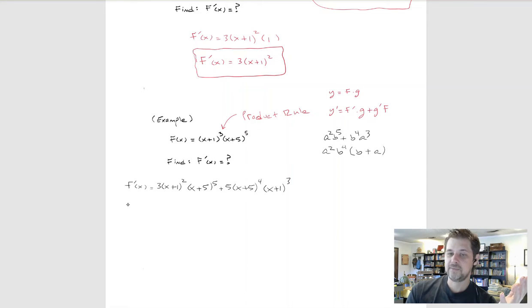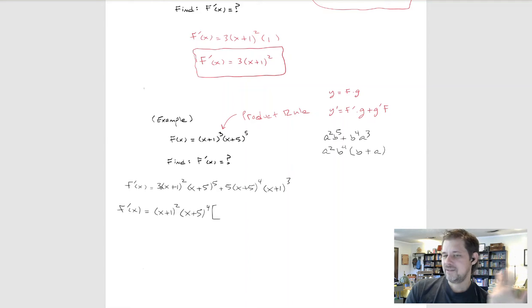Okay, so let's try it. So here's our road to the simpler form of our answer. I could factor out 2x plus 1s, because I've got 2 here and 3 there. And then I could factor out 4x plus 5s, because I've got 5 here and 4 there.